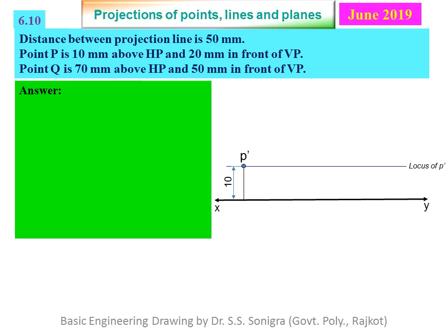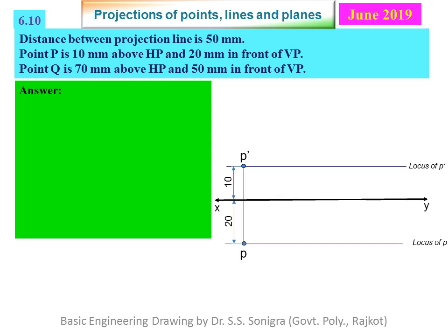Then it is given that point P is 20 mm in front of VP, hence point P will be below the XY line at a distance of 20 mm, that is the top view of point P, and we can draw the locus of point P like this.